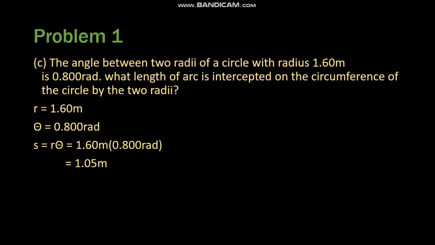We plug in the values: the radius is 1.60 meters multiplied by theta, which is 0.800 radians. We would get 1.05 meters. So this is the arc length of the circle. Okay, we're done with problem 1, so we will proceed to problem 2.